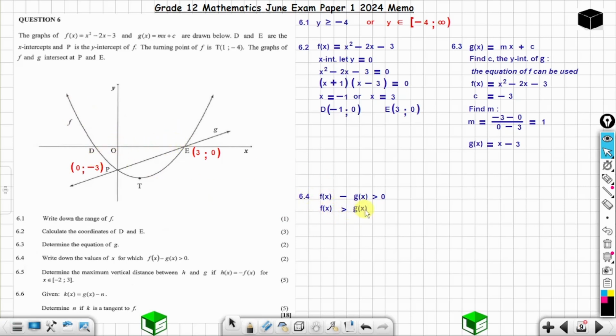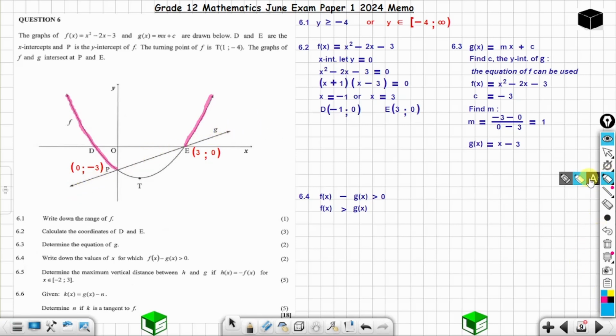So let me show you. f is above g on this part and on this part. This is g.